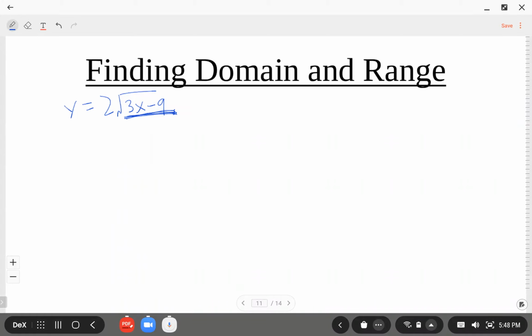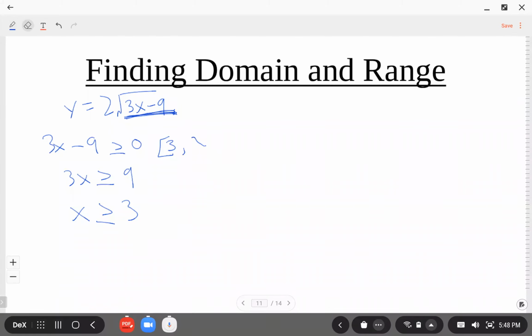To find the domain, you need to find all x values greater than or equal to what? 3x minus 9 needs to be greater than or equal to 0. So 3x is greater than or equal to 9, and x is greater than or equal to 3. So that's our domain. Basically, 3 to infinity, with a bracket here.